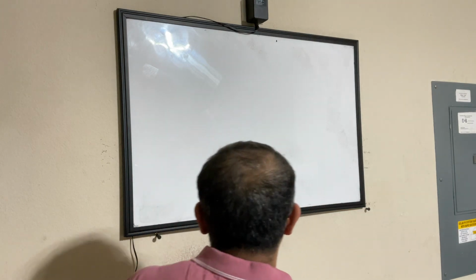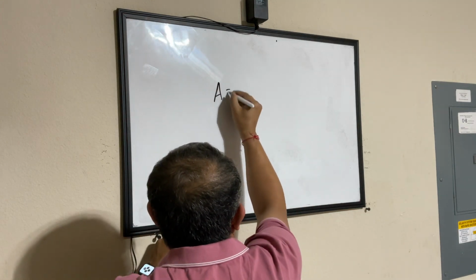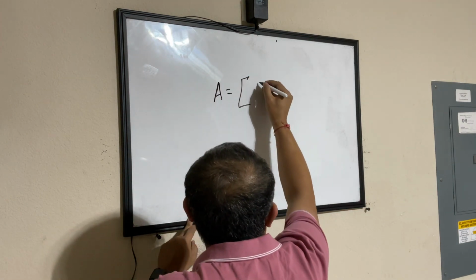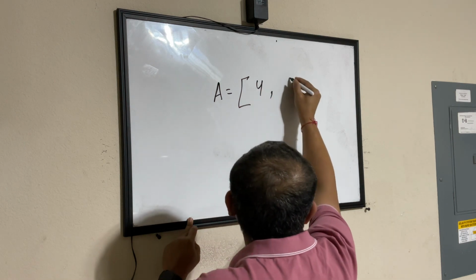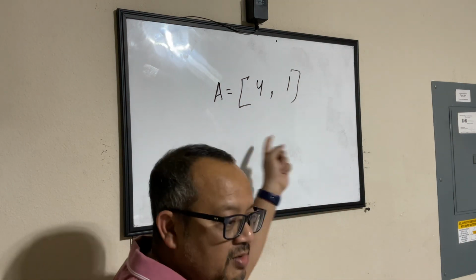Now, there is something called zero matrix. What is a zero matrix? Any idea? Now let's look at this matrix. Let's say this is a 1 by 2 matrix.